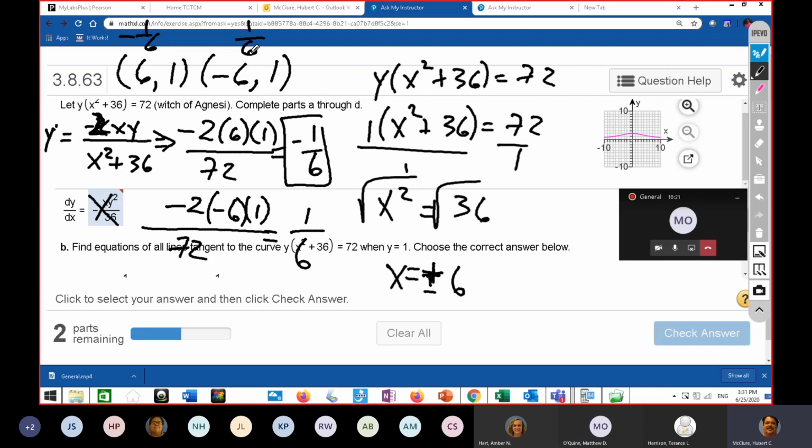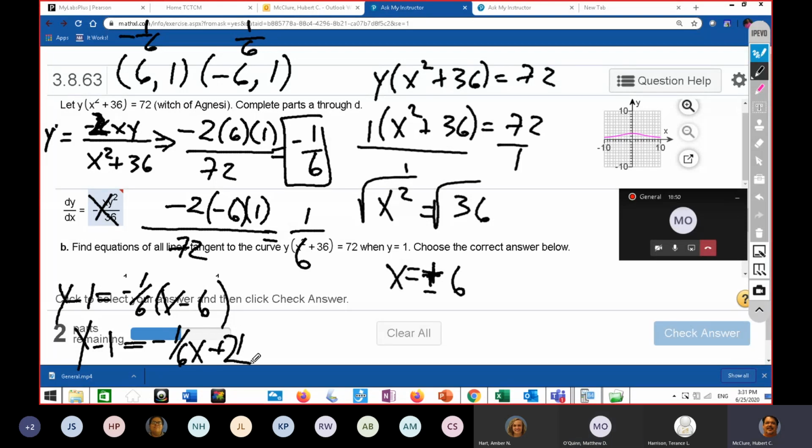So y minus, I'm going to do the first one, 1 is equal to -1/6 times x minus 6. And that's going to give you y minus 1 is equal to -1/6 x plus 1, plus 2.